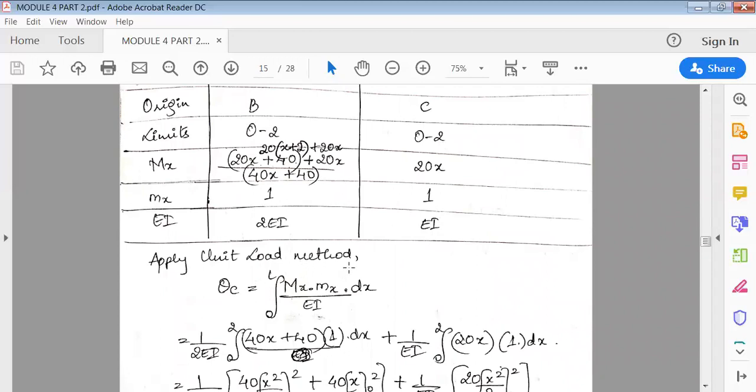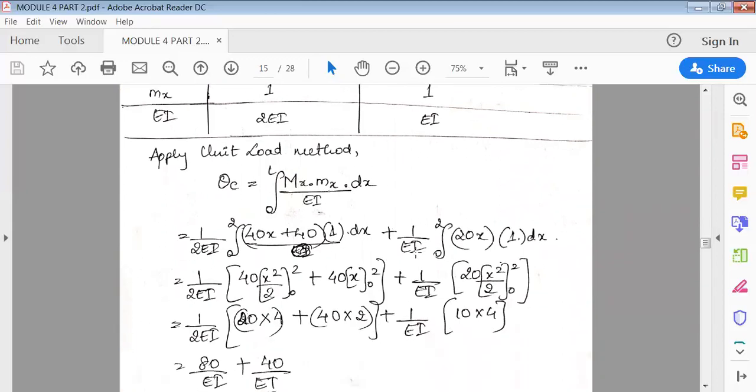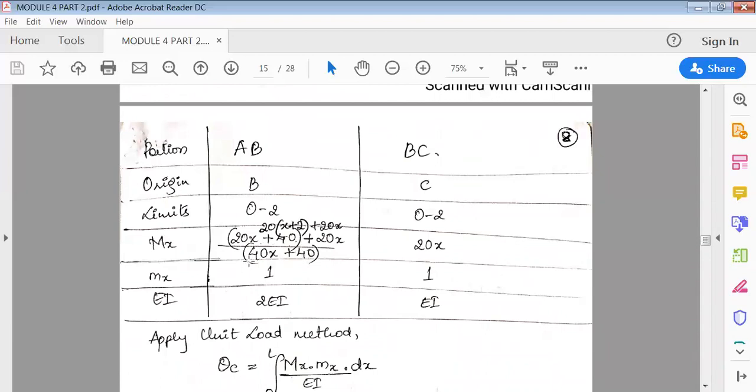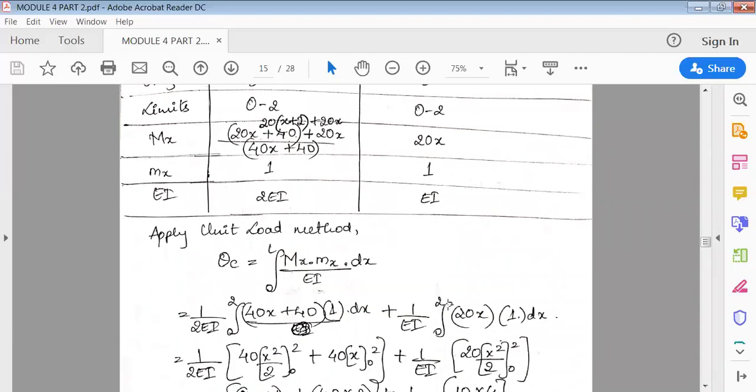When you apply the unit load method, again theta C is equal to integration 0 to L of capital Mx into small mx divided by EI into dx. So now 0 to L, take 1 over 2 EI common. So this is capital M into small m, again the same.